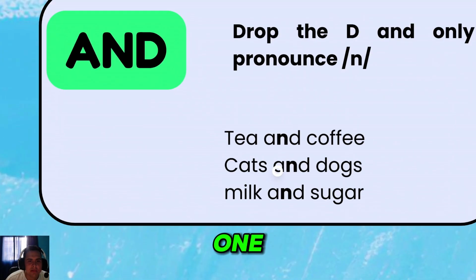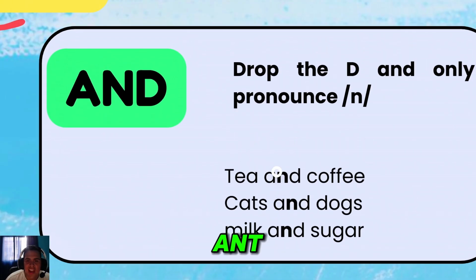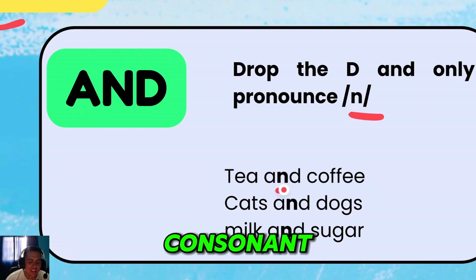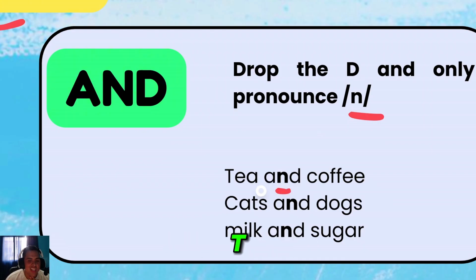And then the next one, and or 'n'. When we pronounce and, we drop the D and only pronounce the consonant. Tea and coffee.